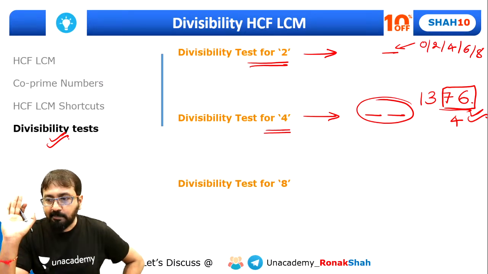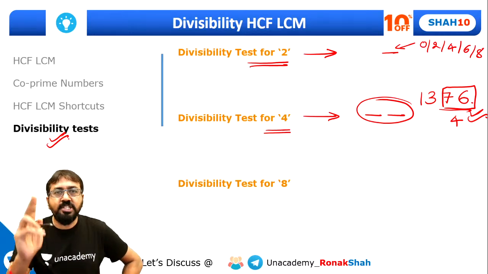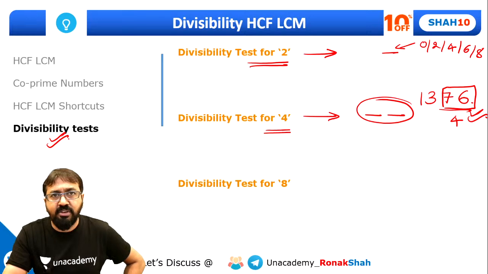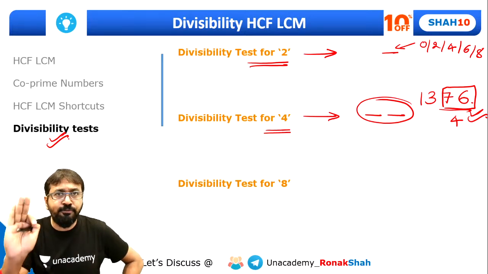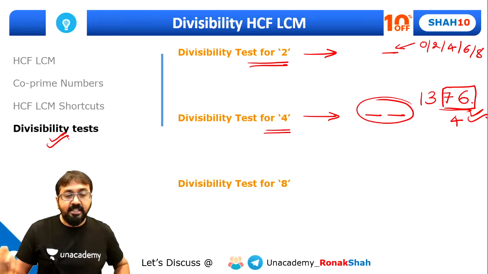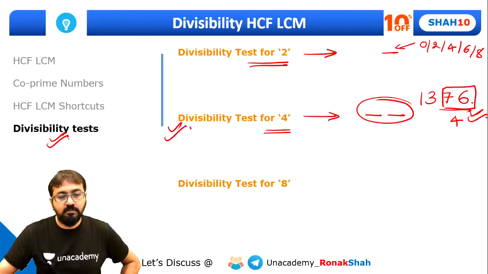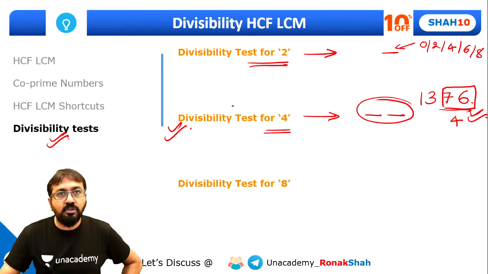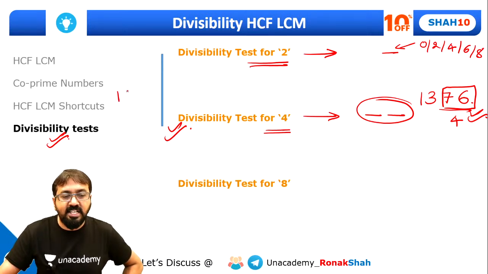Yes, you will remember this. Now the question is, why do we check the last 2 digits for 4? We don't do this thing for 6 or 7 or other numbers. We just do it for 4. So why do we check the last 2 digits? Can you tell me where this test came from? No Snehal, whether the last digit is even will not tell us if the number is divisible by 4. For example, if I take 14, the last digit is 4, but you can't say it will be divisible by 4.